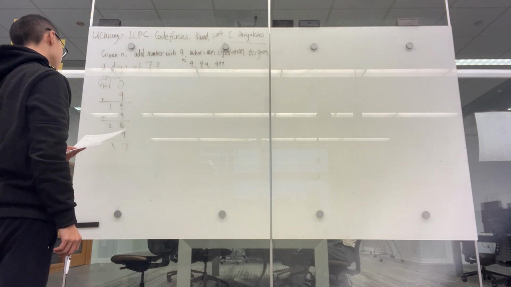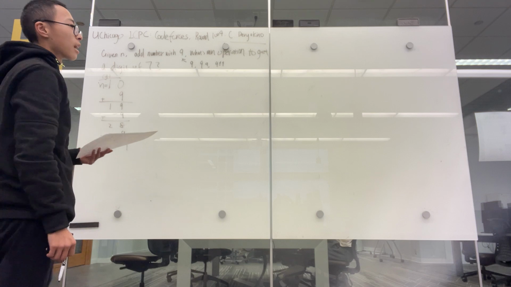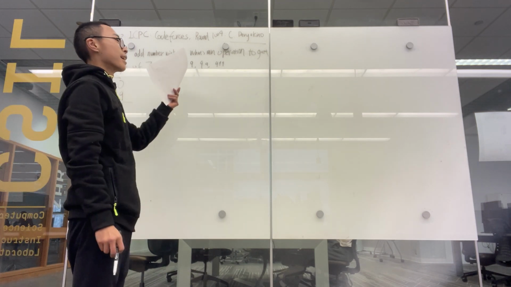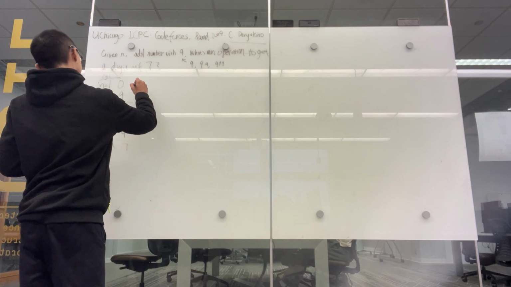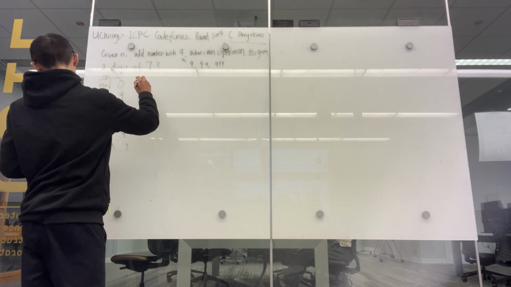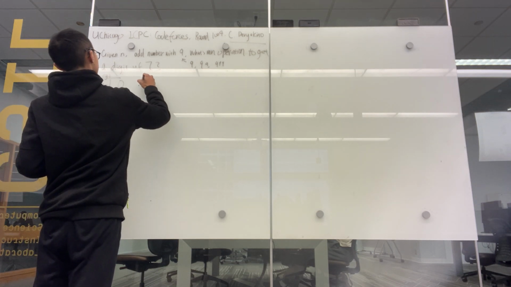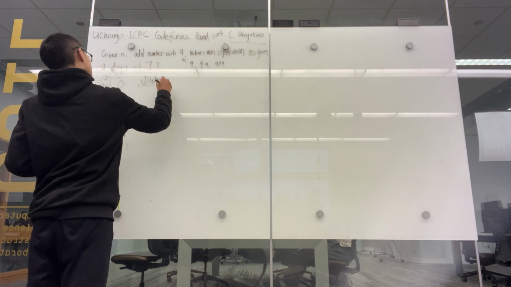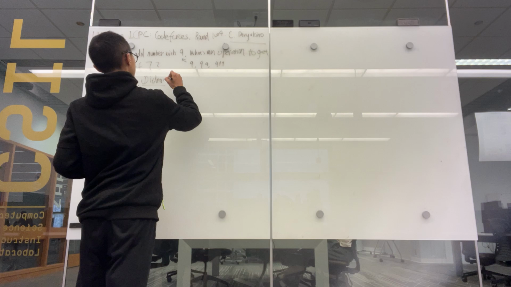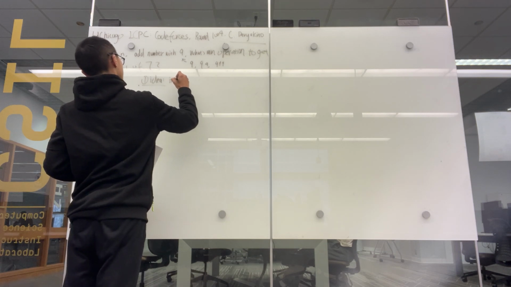As you can see, can we always get a 7 for any number? So the first idea is, is it possible to always get a 7?